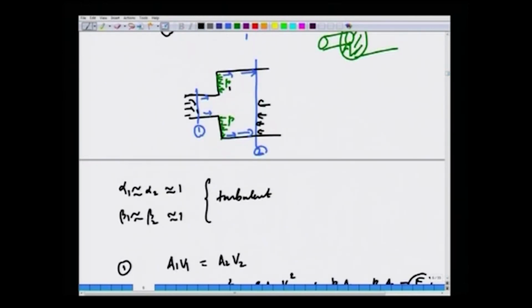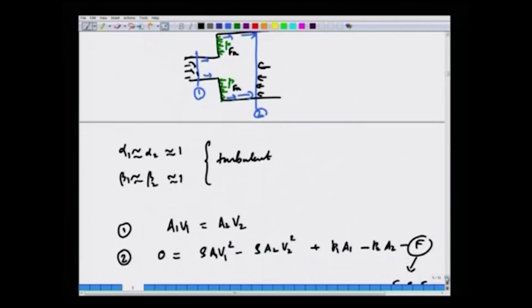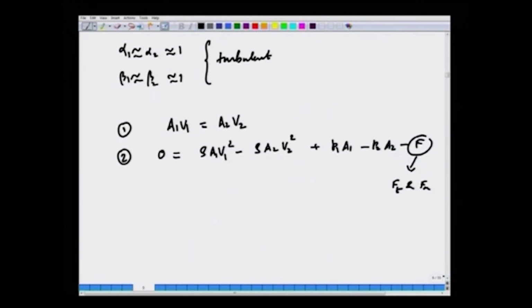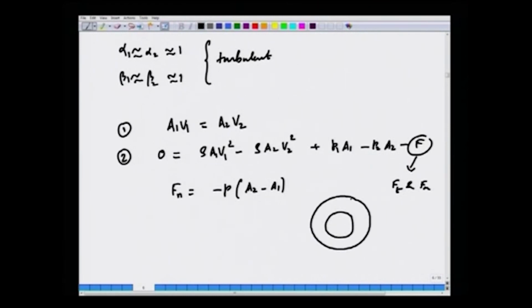As I just told you, this is the normal component due to pressure, and these are the tangential components in the direction of flow. We are going to say that the normal component is simply the pressure times A2 minus A1, because this is the annular area over which the pressure is acting. The negative sign is because the force is acting in the direction opposite to the flow direction, so you have to put a negative sign.